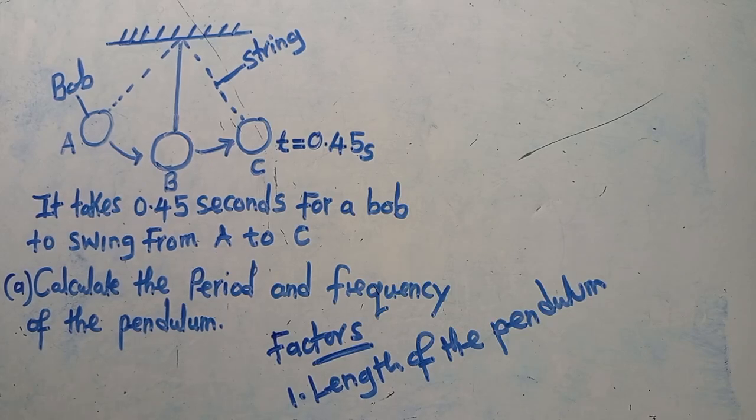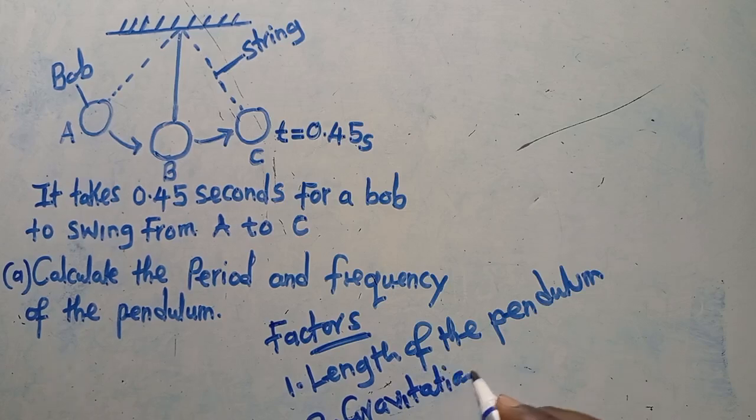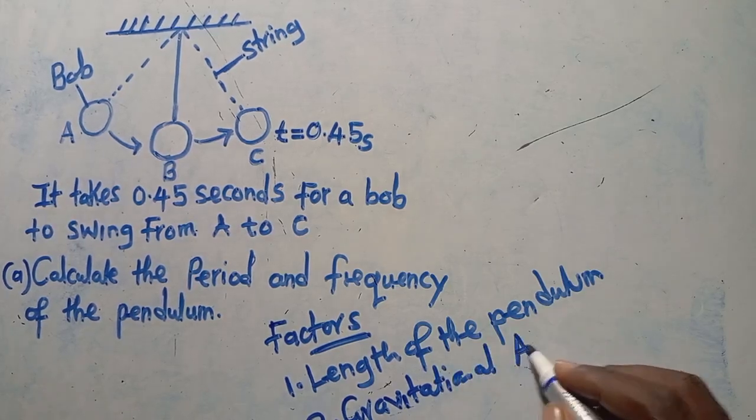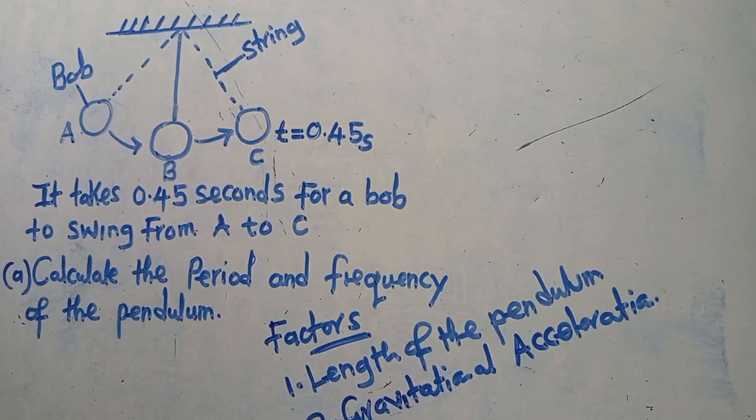Another factor that we can also consider is the gravitational acceleration. This also affects the period of a pendulum. Since period is directly related to the square root of the length, under gravitational acceleration the period is inversely related to the square root of the gravitational acceleration.